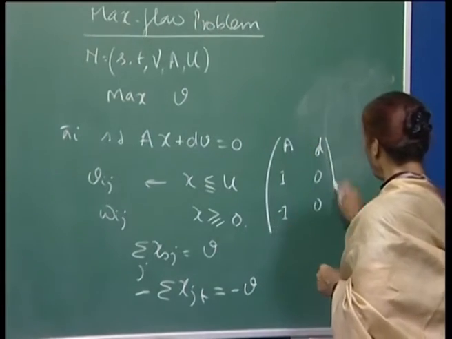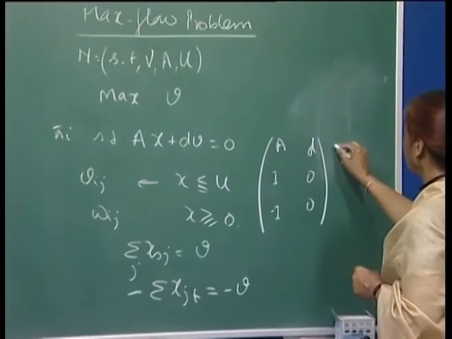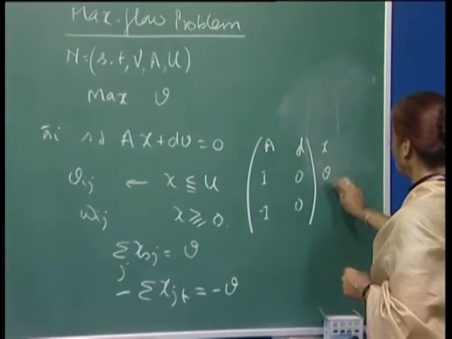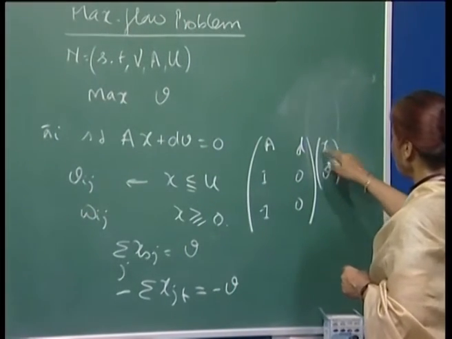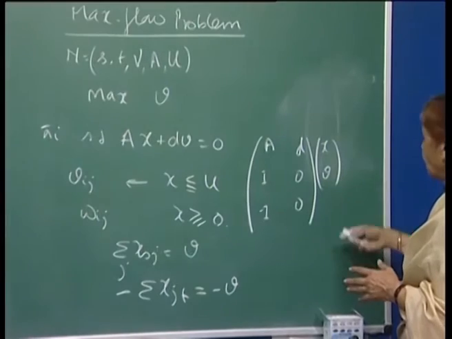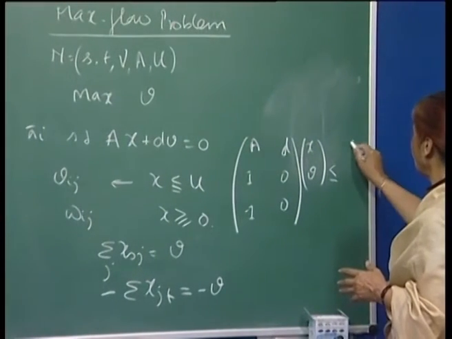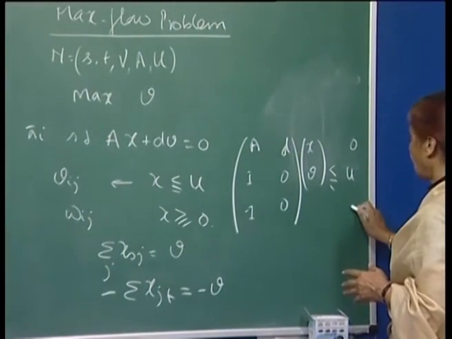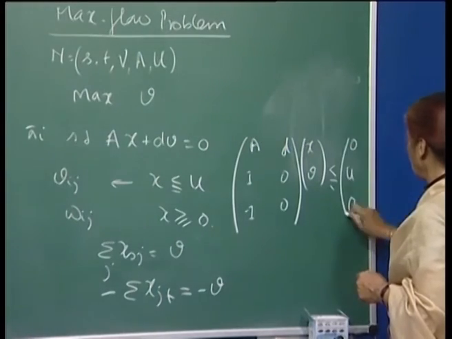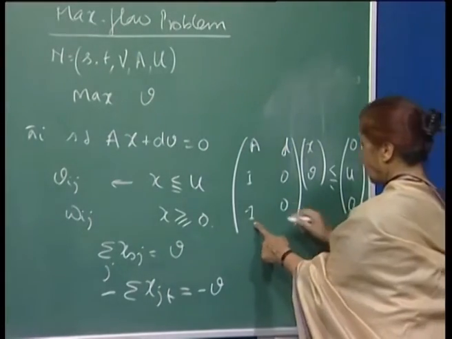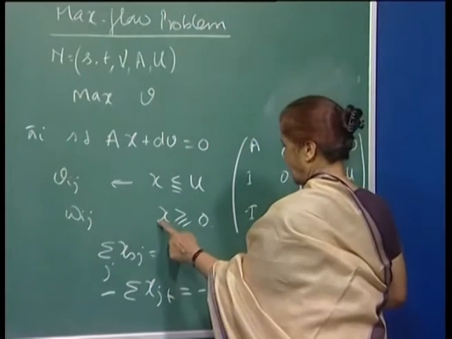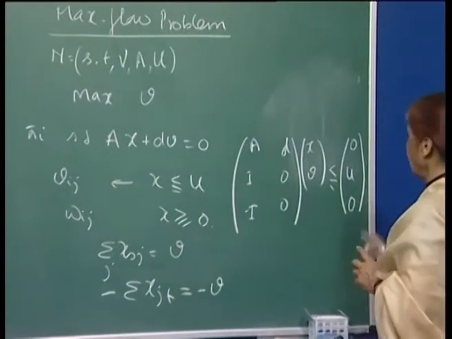So, you have here x and v. So, this is a singleton, this is the n dimensional one. So, this is what you have, right, and this is less than or equal to 0, u and 0, and I am writing minus I because I am writing this as minus x less than or equal to 0, right. This is what you have.